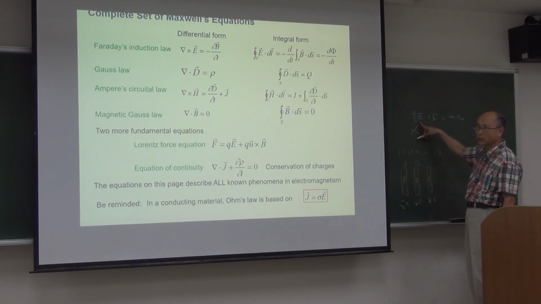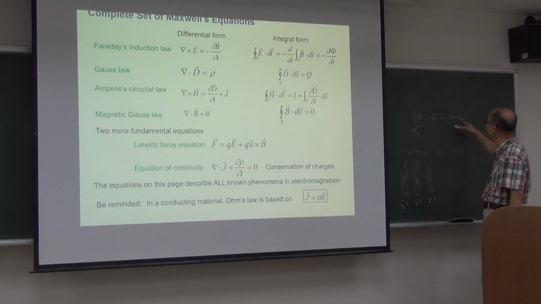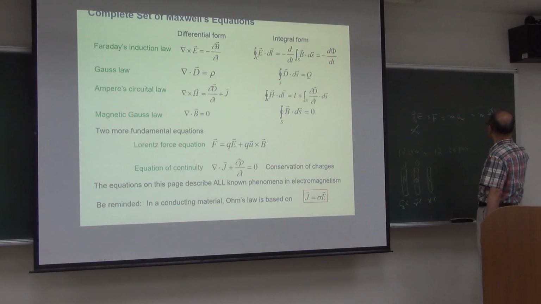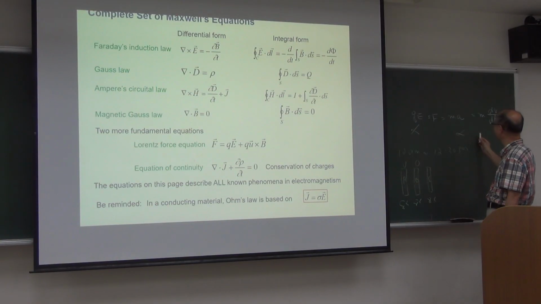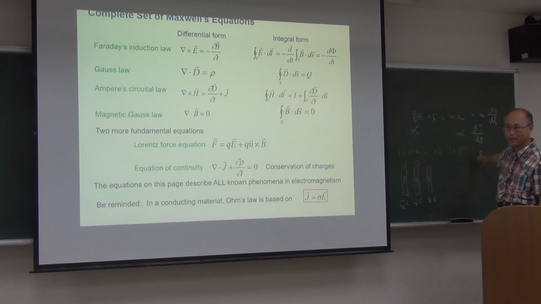So you have the electric field proportional to the differentiation of the velocity with respect to time. So in fact, this is going to be proportional to the differentiation of current over time, if you have the charge propagating in free space.